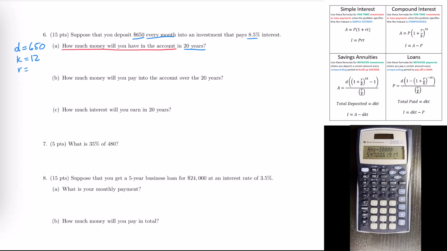The interest rate is going to be 0.085 and the amount of time is going to be 20 years. The question asks how much money is in the account in 20 years, which means we're looking for the amount at the end of the investment, which is the variable A.